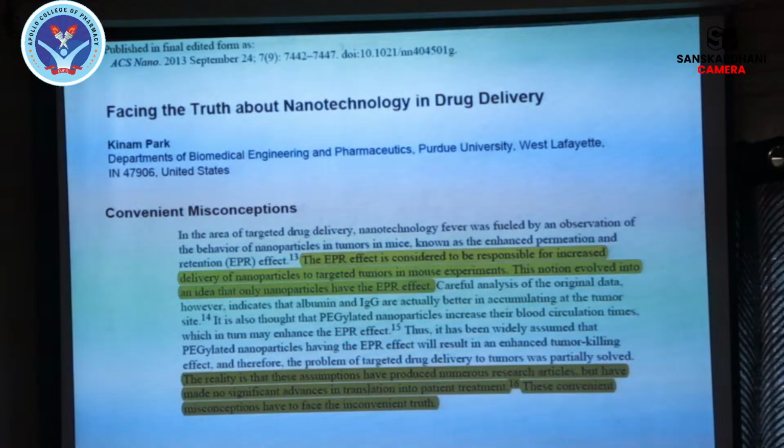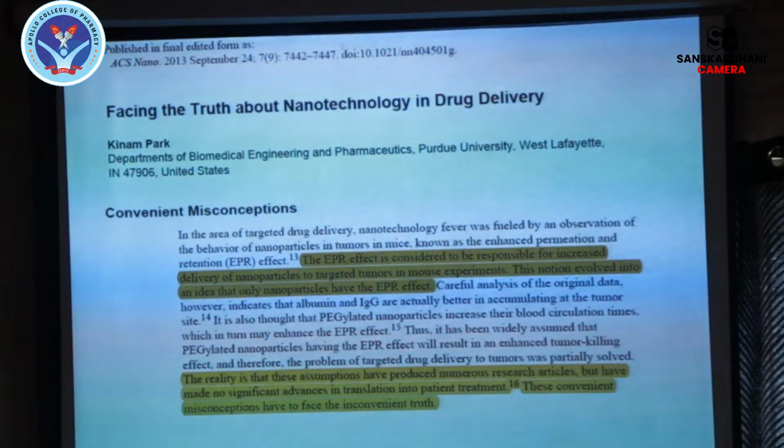In this, the author states that several drugs have been tested against nanoparticles in clinics, right? Drug injection versus nanoparticles. Most of the nanoparticles have failed in this test.